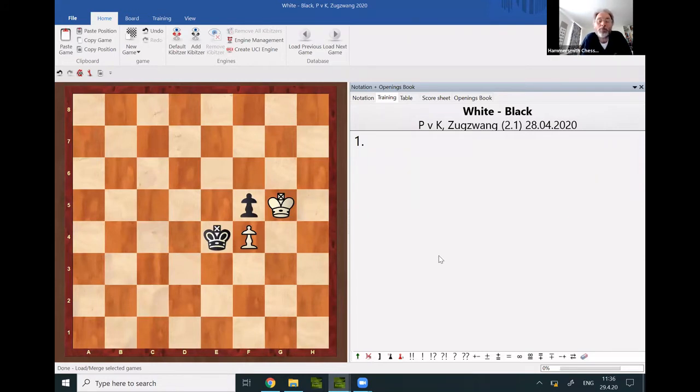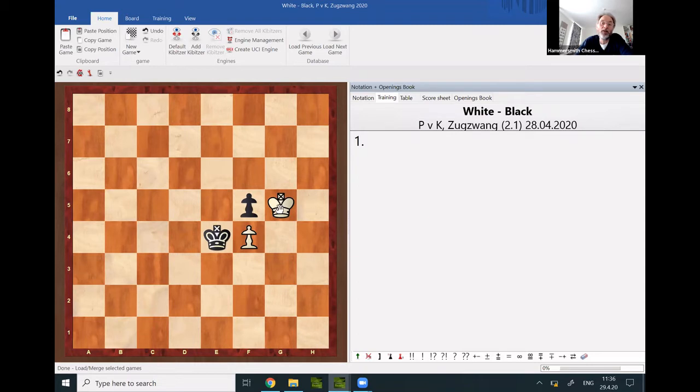The next position. Very typical zugzwang or even reciprocal zugzwang position. Whichever side moves first loses. Whichever side waits, doesn't have to move, will win. Reason is, each side protects its own pawn and attacks the opponent's pawn.